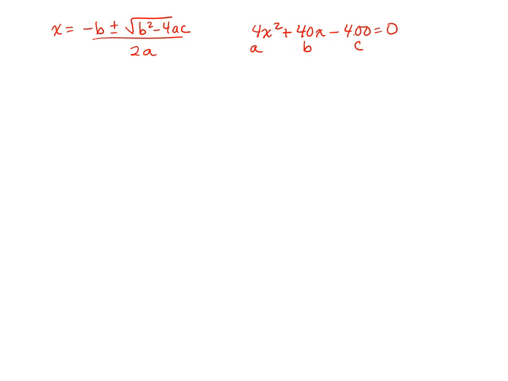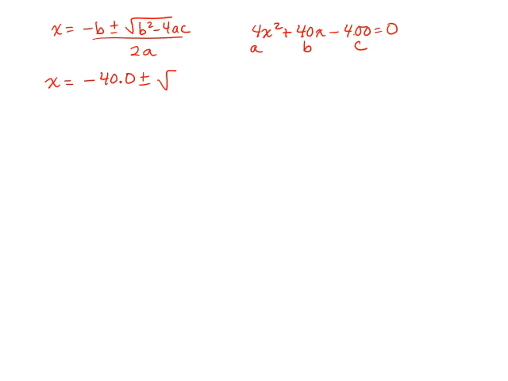So again, we're going to be working with the quadratic formula. When we plug this in, our b value is 40, so we have negative 40. Sorry, I was a little bit lax with my significant figures here.